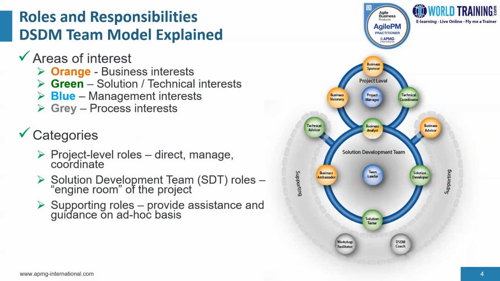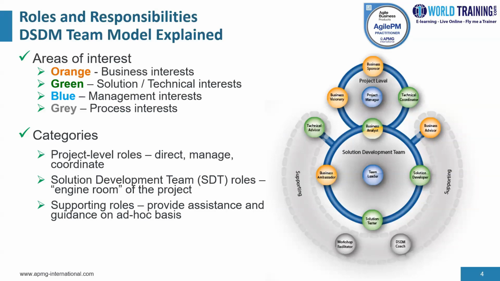Now, broadly speaking, all of the roles could be categorized as project level roles. As you could see in the circle up on the top, the project level roles are the project manager, the business sponsor, business visionary, technical coordinator, and a bit of business analyst role. And then right underneath the project level roles are the solution development team roles. So this is the engine room of the project.